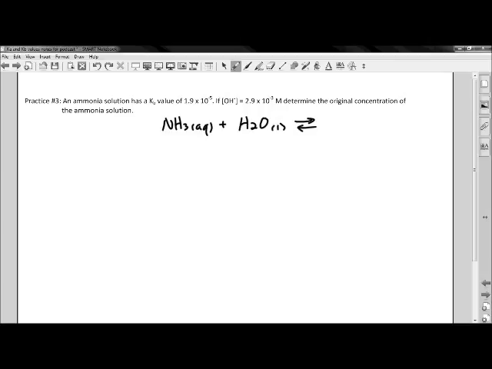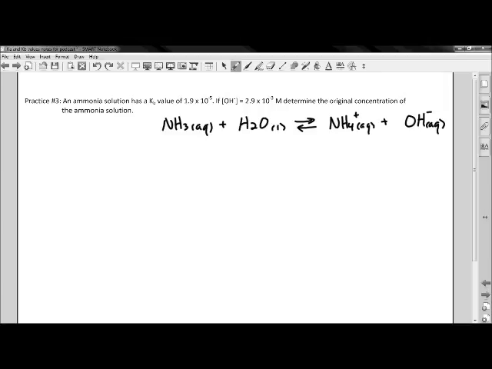This is going to be a weak base, so a double arrow. Yields, we're going to make NH4 positive, that's the ammonium ion, plus our hydroxide ion.